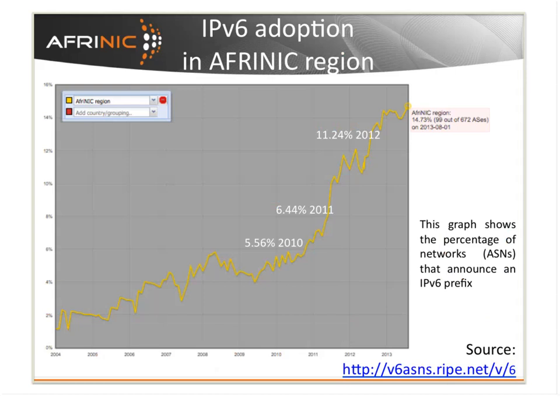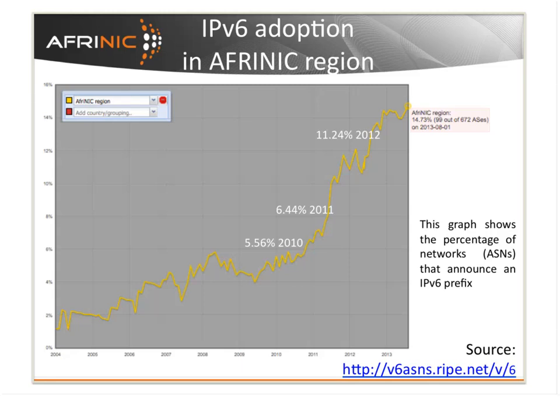This graph shows over time the announcements in Africa, the percentage of announced ASNs that announce IPv6 prefixes. I'm sorry if the graph is a bit small, but you can see that in 2010, 5.5% of the visible African ASNs were advertising IPv6. In 2011, that grew to 6.4%, in 2012, 11.4%.